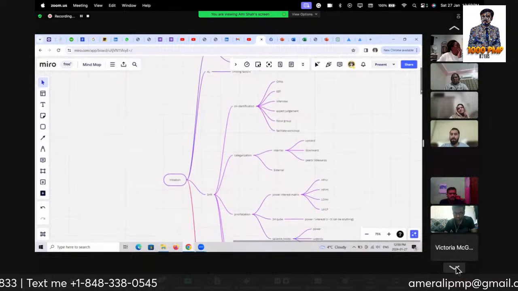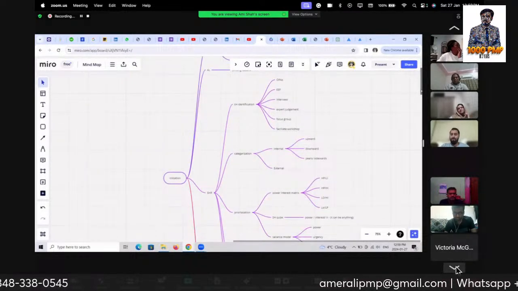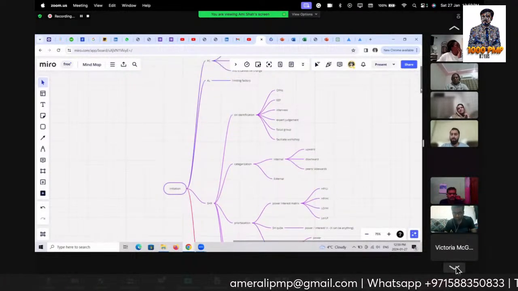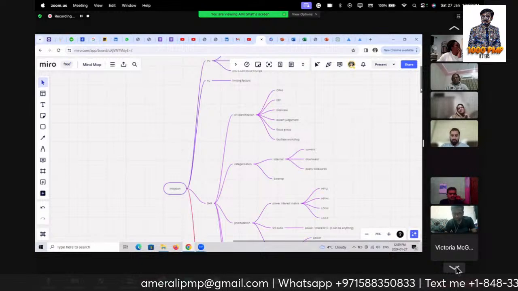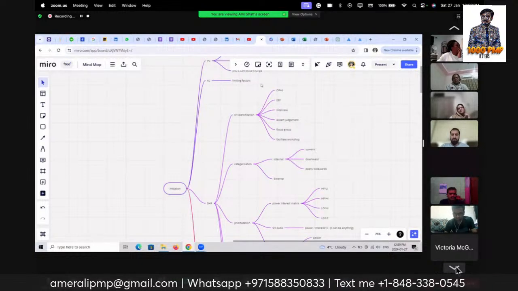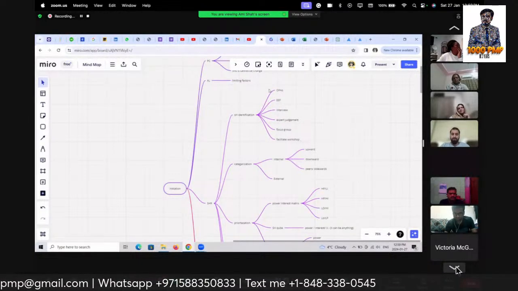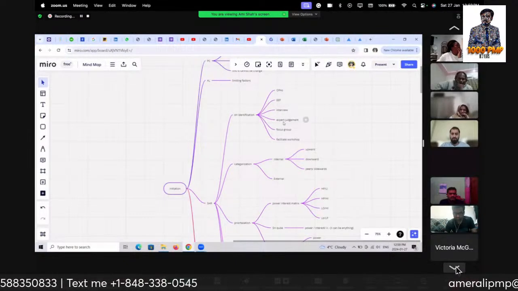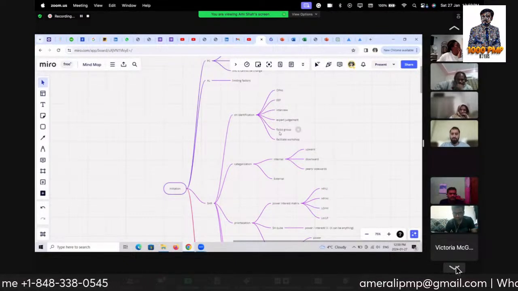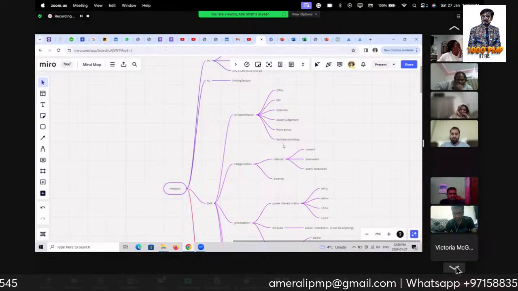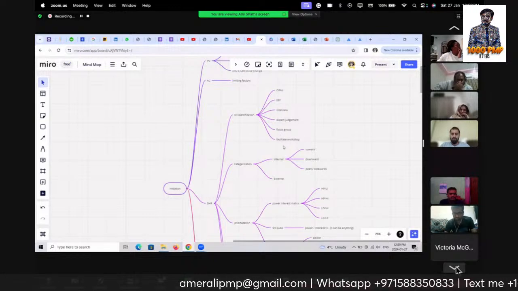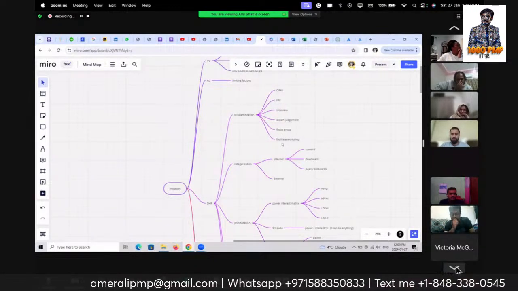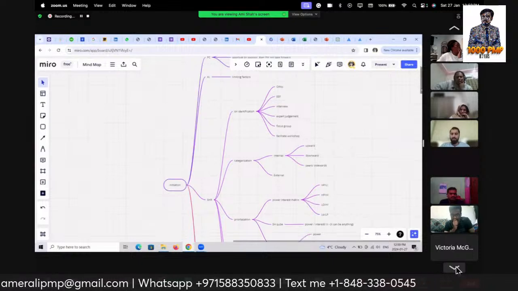In the stakeholder register in the initiation phase, we first do the stakeholder identification, where we use methods to identify the stakeholders, that is OPA, EEF. We can go for interviews, we can use expert judgment, we can go to the focus group and get the information, and we can identify who the key stakeholders are for the project.